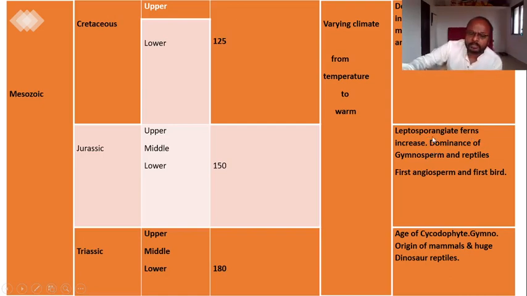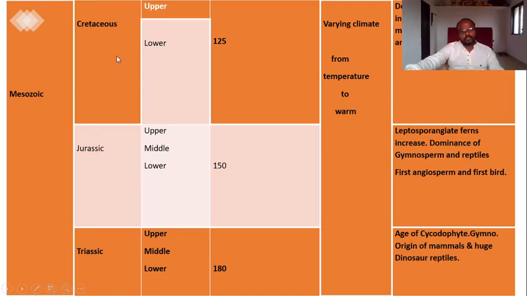Particularly this leptosporangiate group of fern increased, along with dominance of the gymnosperms. In the previous period, Triassic, the gymnosperms originated, and these become dominant in the next period, the Jurassic, and the reptiles are also dominant. The first angiosperm and first bird originated in the Jurassic period.